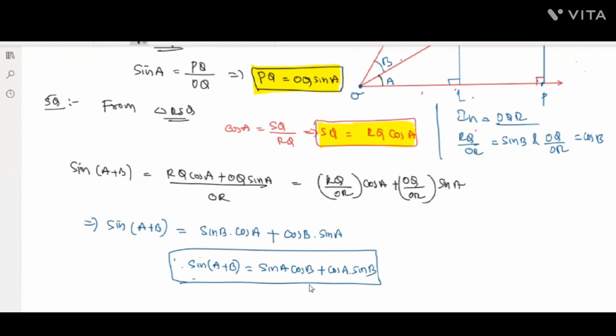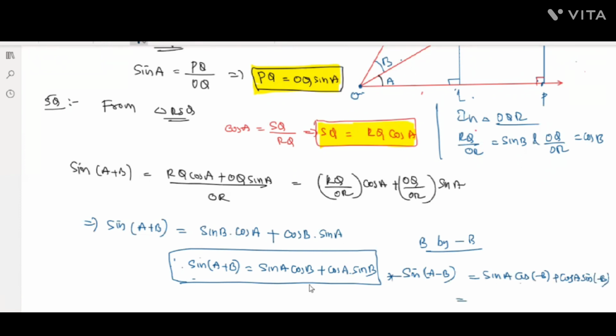So this is the way we get the sin(A+B) formula in compound angles. For the remaining ones, directly replace B by minus B. So you will get sin(A-B), that is sin A cos(-B) plus cos A sin(-B).